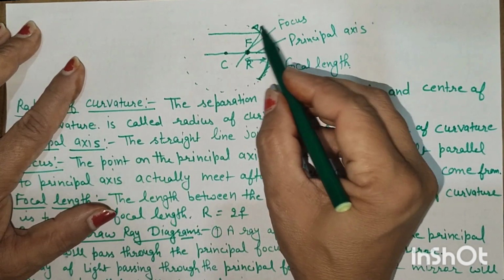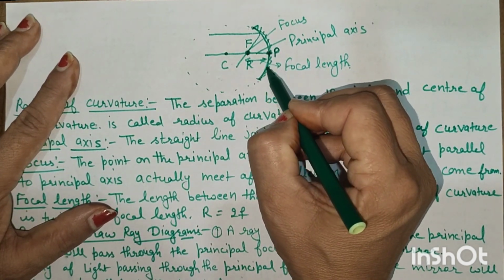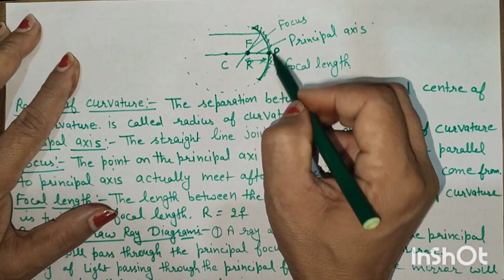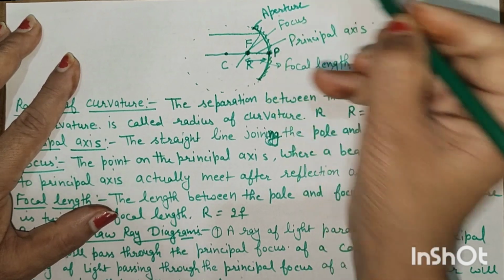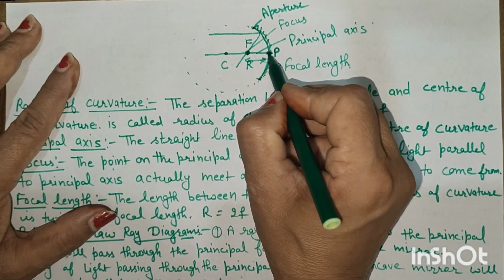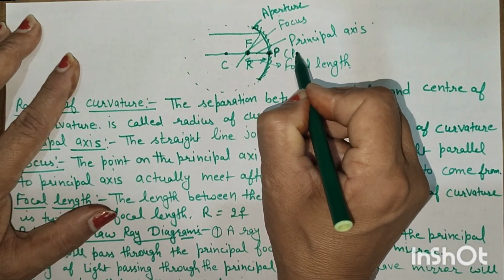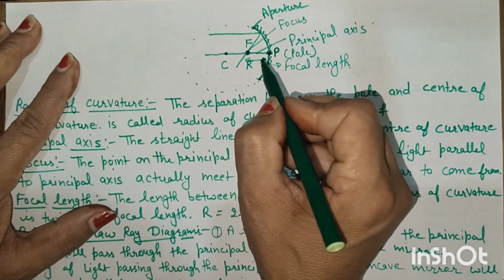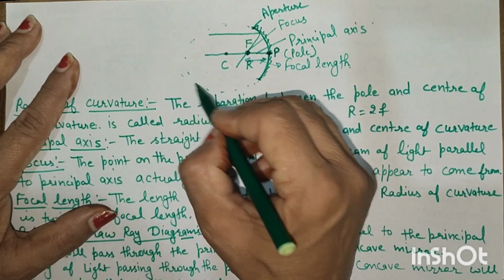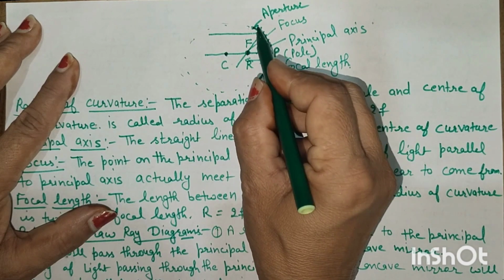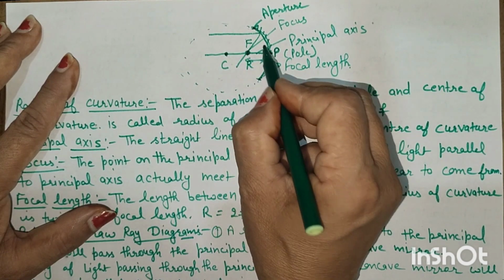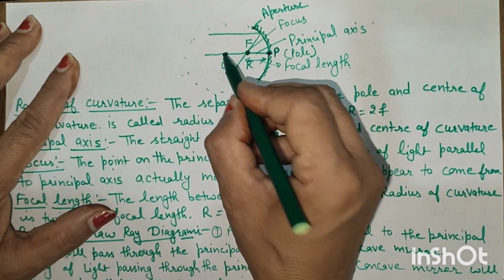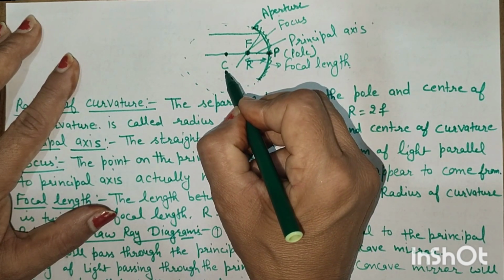Again, I am recalling: this width of the mirror or reflecting surface is called aperture. The center of this aperture is called pole. And the center of this hollow sphere, of which the reflecting surface is a part, is called center of curvature.